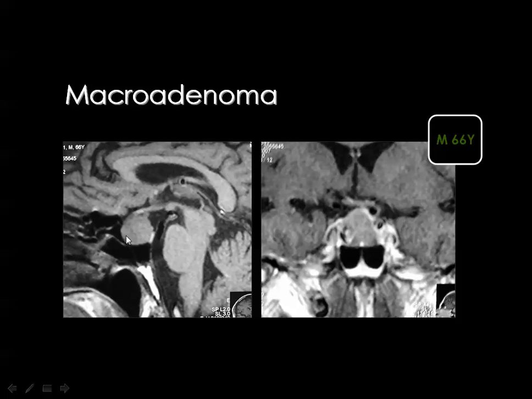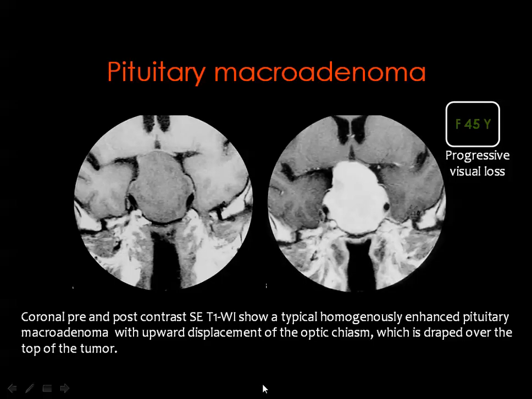Here is an example of MRI of a pituitary adenoma. This adenoma is big, and it occupies the pituitary fossa, and it is seen extending a little bit into the suprasellar area, as you can appreciate from the coronal image. And this is a sizable pituitary adenoma.